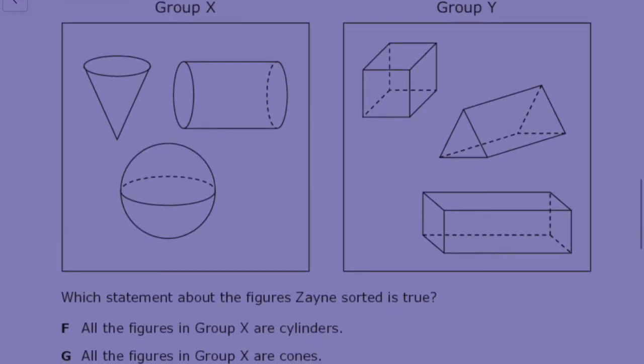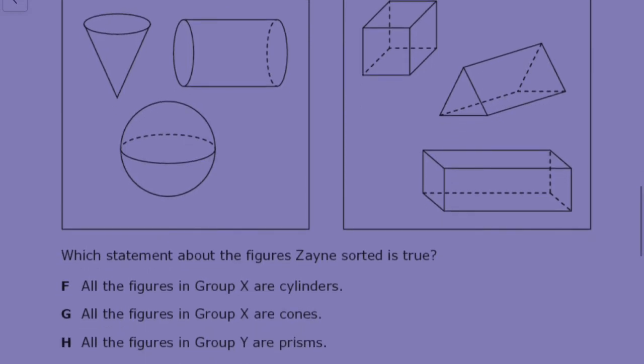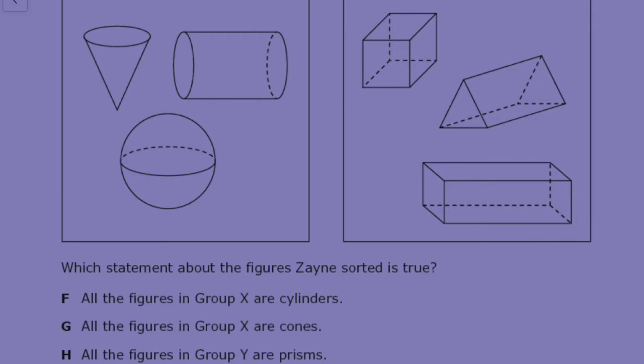This is the star question problem, and here we have group X and group Y, and all we need to tell is which group matches the answer choice. If you look at answer choice F, it's saying that group X has cylinders, whereas there is only one cylinder in the picture.